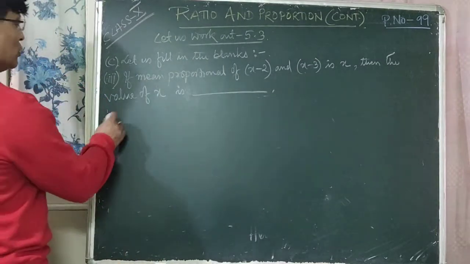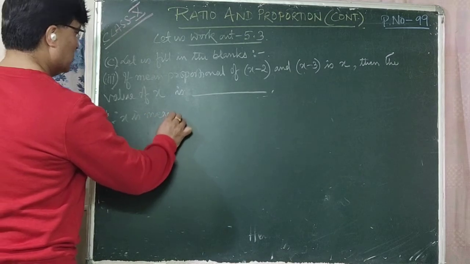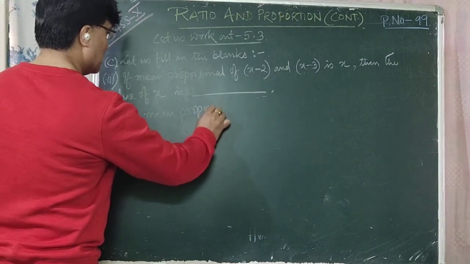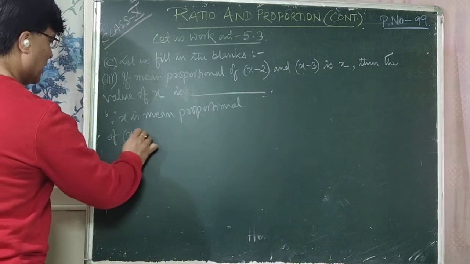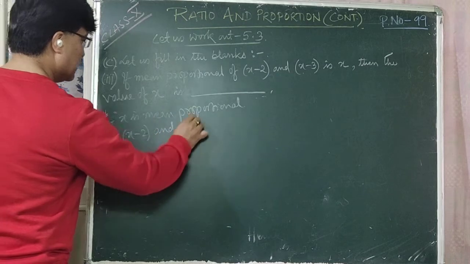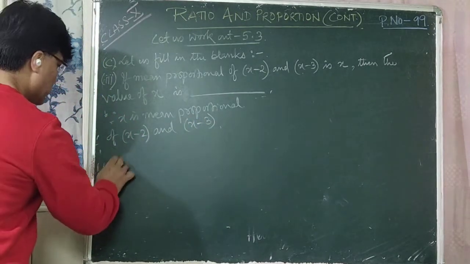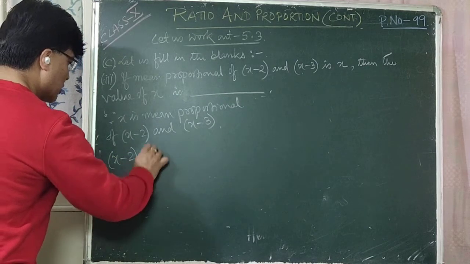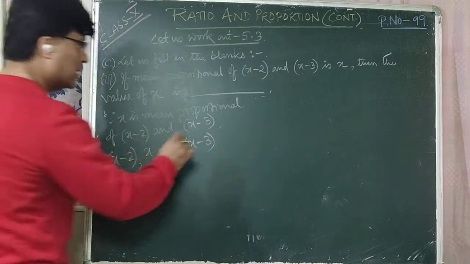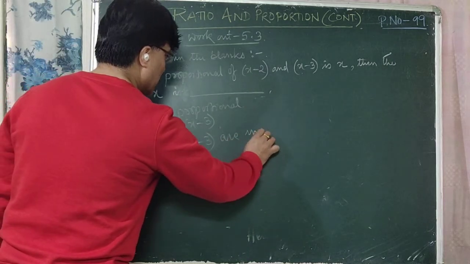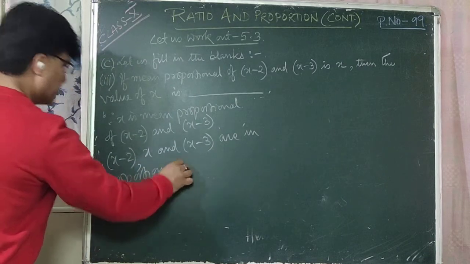So since x is the mean proportional of x minus 2 and x minus 3, therefore x minus 2, x and x minus 3 are in proportion. Right?